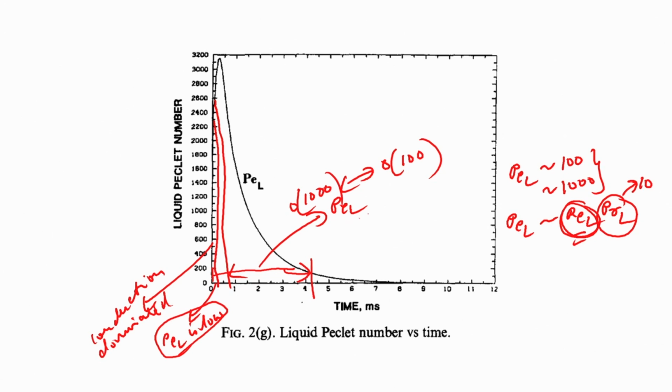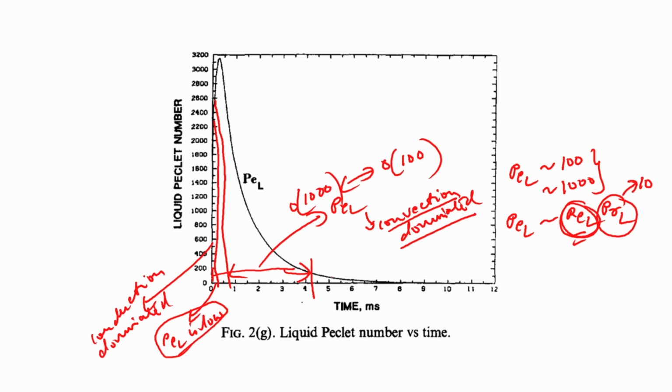In this part we can expect that it will be convection dominated. That means the isotherms that you are going to get will mimic the streamlines. In conduction dominated, the streamlines and the isotherms will be different to each other. But here, because it is convection dominated, the streamlines should be similar to the isotherms.